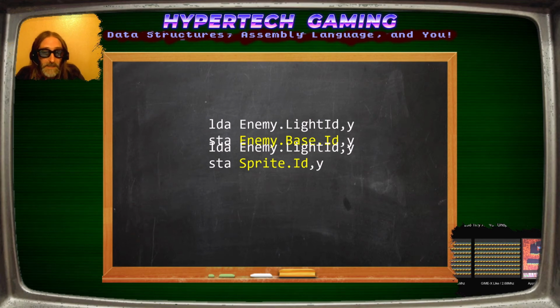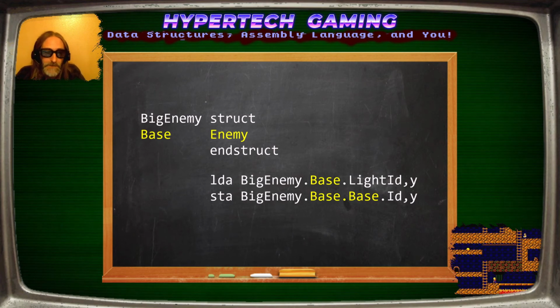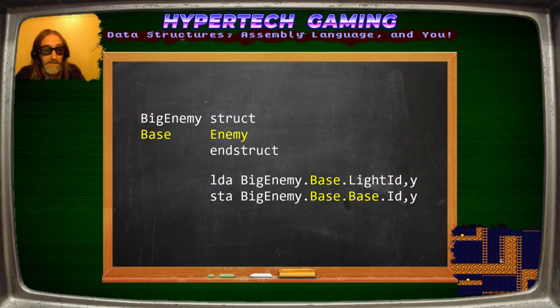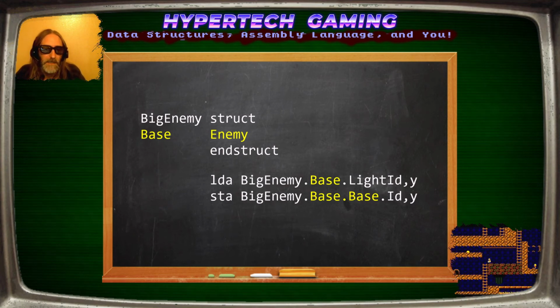Now, say we extend enemy to big enemy, we start to get a bit ridiculous with the dot operator in order to access the members of that sprite type. We have to access it with bigenemy.base.base.id instead of just bigenemy.id, which is not exactly great, but it can certainly get you there.